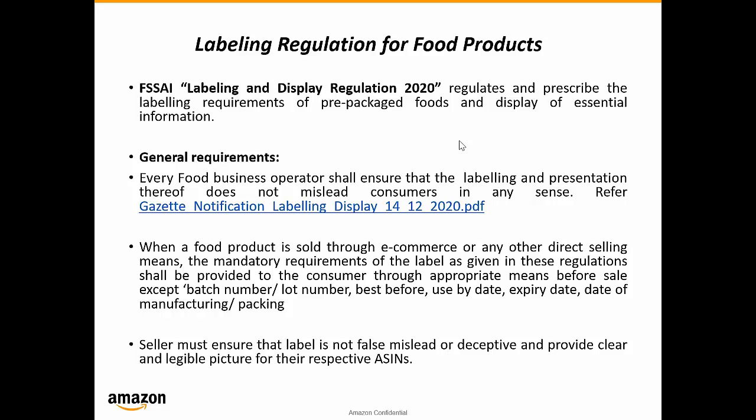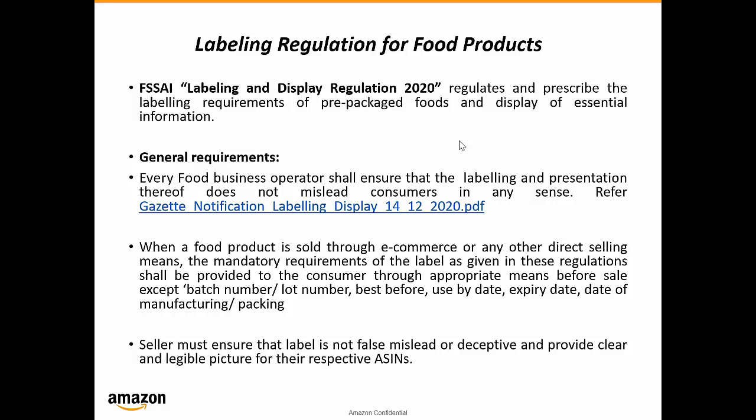If I am allergic to, let's say, egg products, I should have a choice to read the ingredients or allergens so that I'm buying the right product for myself or my family. So it's important that whatever display images you provide on e-commerce should contain each and every relevant piece of information to give the customer the choice to choose the right product.